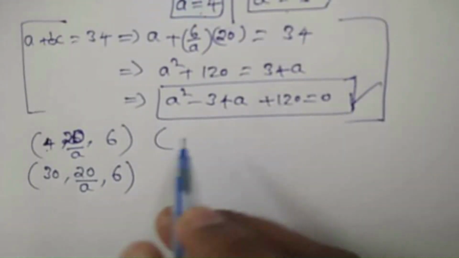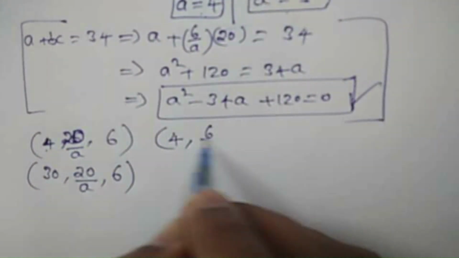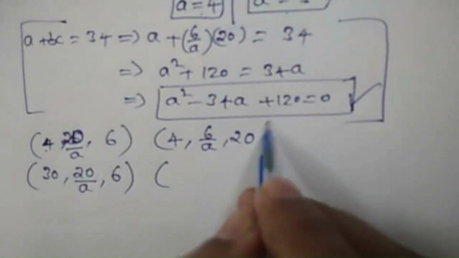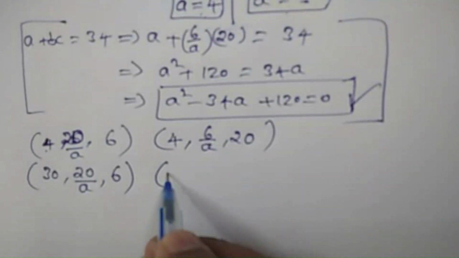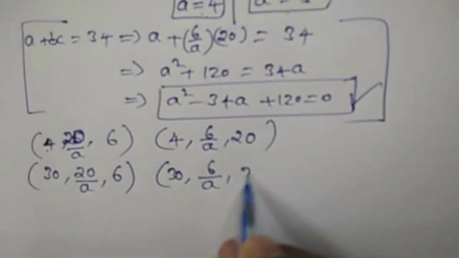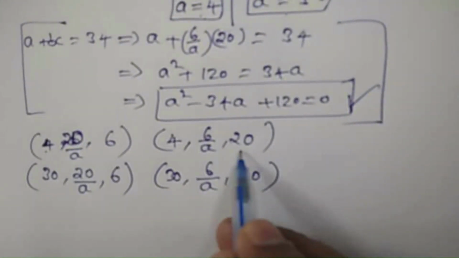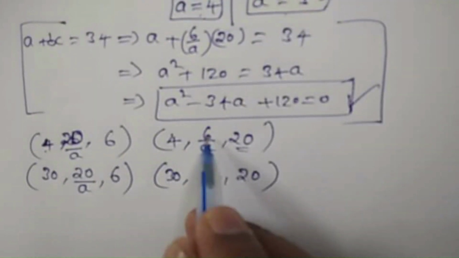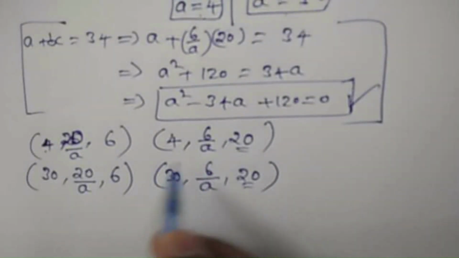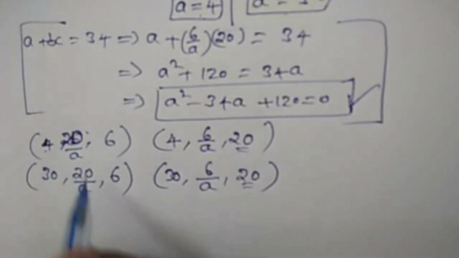Another combination is that a is 4, b is 6 by a, c is 20. And a is 30, b is 6 by a, c is 20. For value of c is equal to 20, we got these combinations of a and b. For value of c is equal to 6, these two combinations we got.